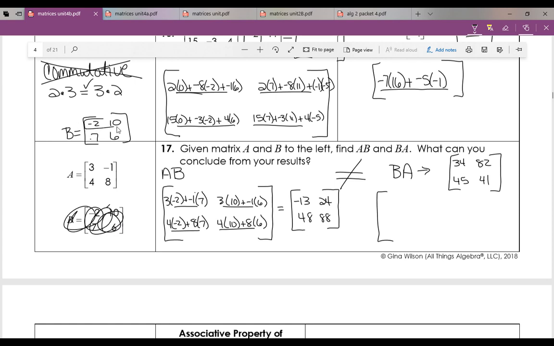So I know I'm putting these two numbers with these two numbers. That's negative 2 times 3 plus 10 times 4. If they reverse order, I have to switch them. I'm a visual person. I have to visually see it. If you wonder why I give so many examples, it's because I want to make sure that I get to my visual people.